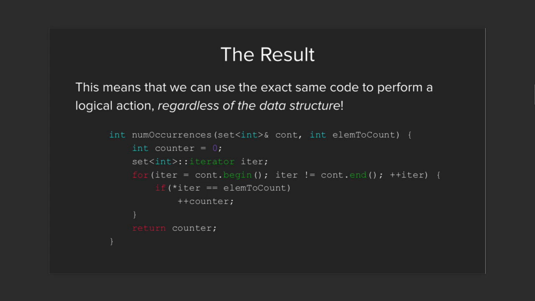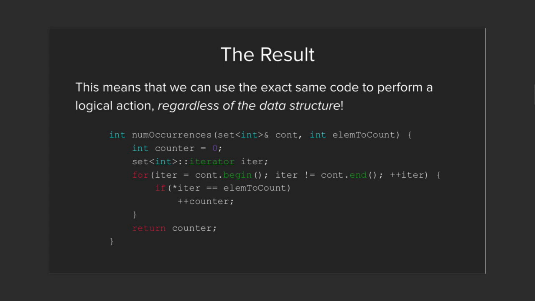And that's kind of crazy, because if you think back to your 106B data types, you'll remember that implementing finding an element in a vector feels like a totally separate process than finding an element in a set or in a list, or, well, I guess it's not possible in a stack. But what iterators allow us to do is use the exact same logical code independent of the container.